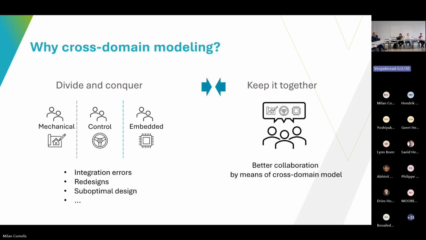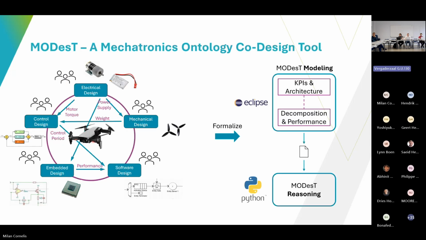So therefore, it would be handy to try and keep all these dependencies together, while still maintaining a divide and conquer strategy to enable better collaboration by means of a cross-domain knowledge model. To give an example, we have a design of a system, and each engineering discipline, like electrical, mechanical, software, and so forth, chooses or is responsible for designing their own components of the system.